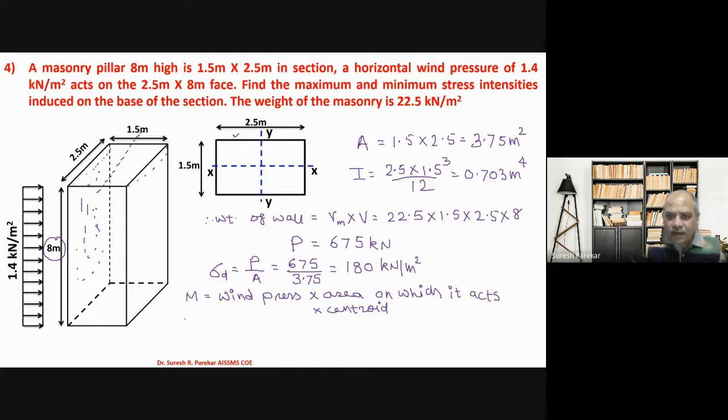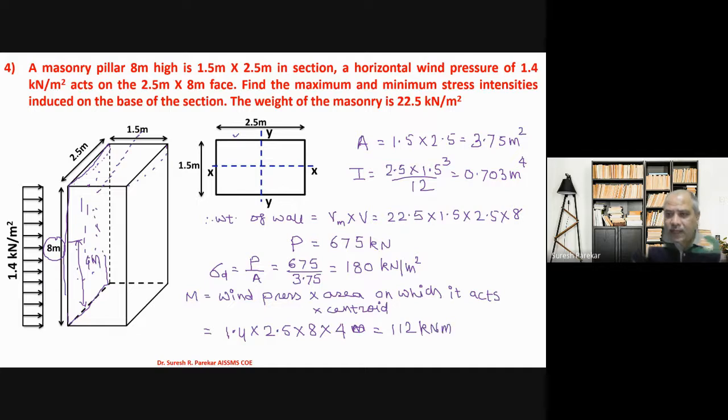Now we have wind pressure given 1.4, and the area on which it is acting, you can see, is 2.5 by 8. So we have into 2.5 by 8, and centroid from bottom will be 4 meters. So we have into 4, and from this we get M equal to 112 kilonewton meter.